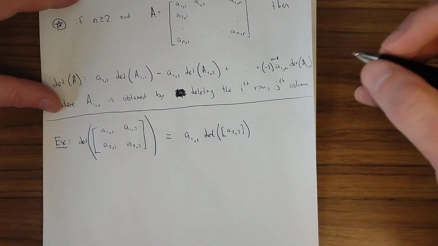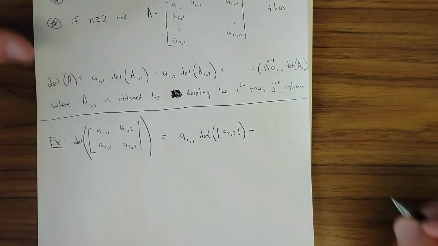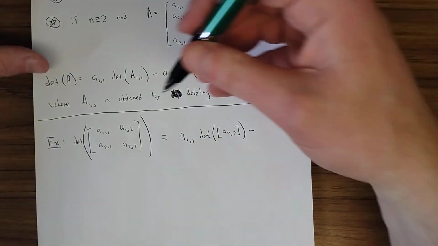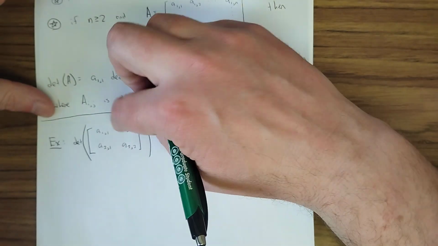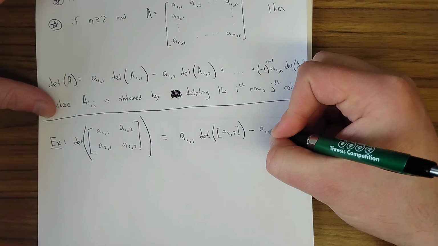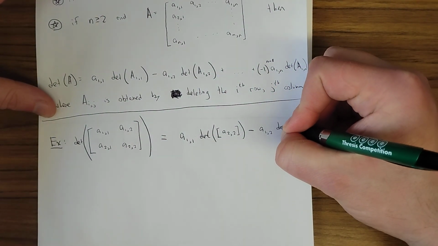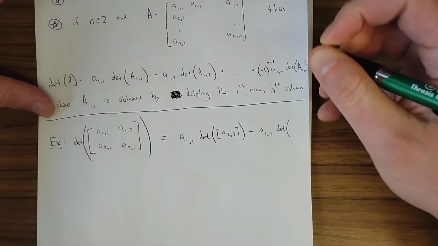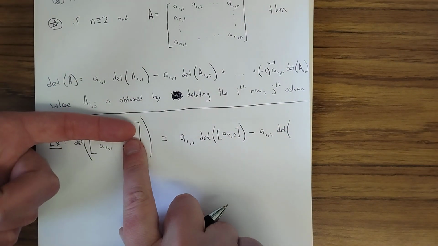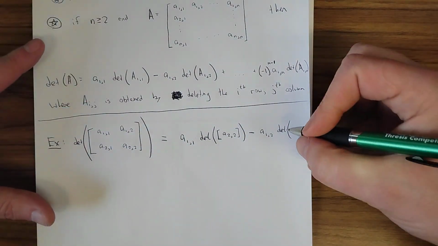And then I go my alternating plus minus pattern, and so I keep going across. So a1, 2 times the determinant of the matrix that I get by covering this up.